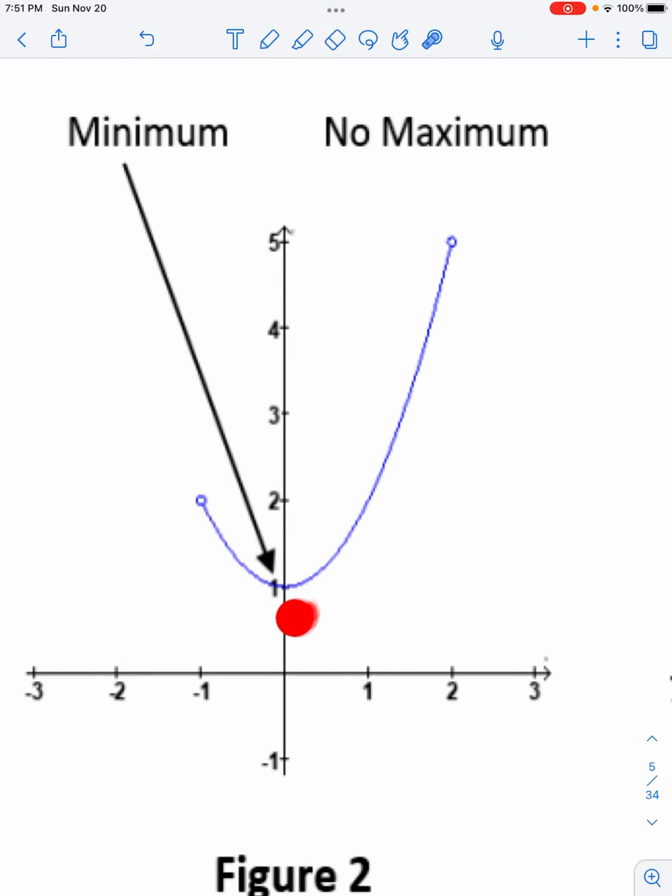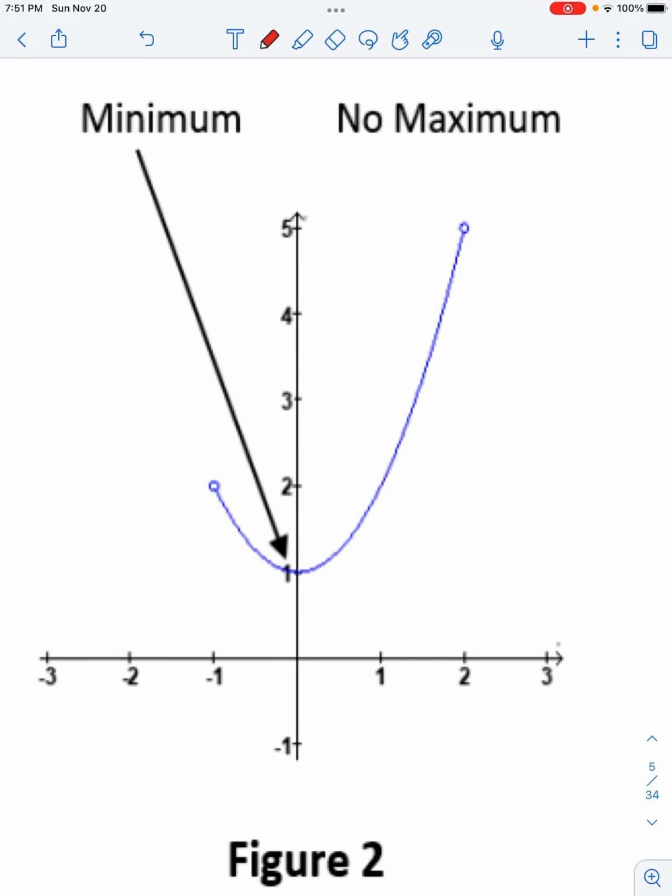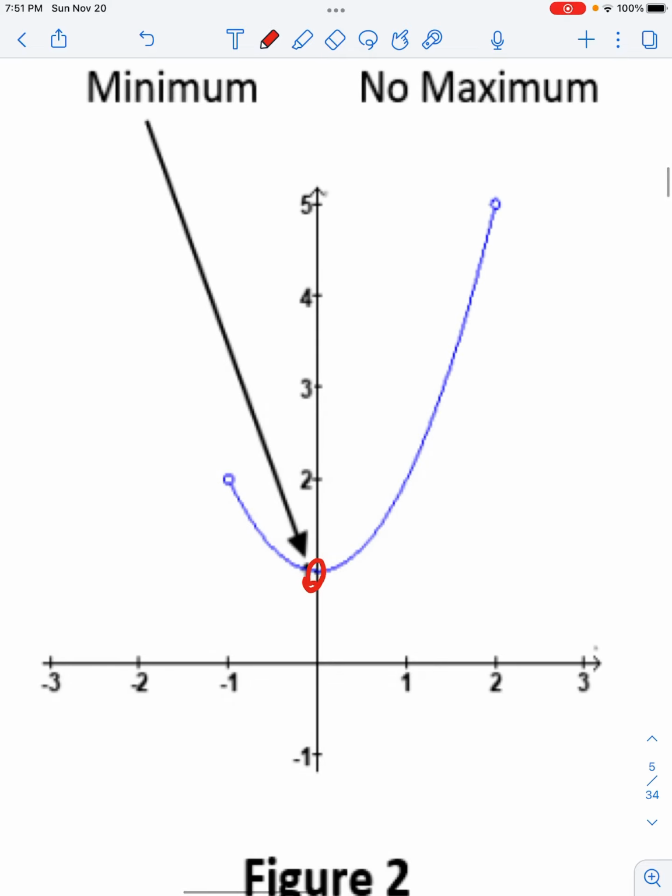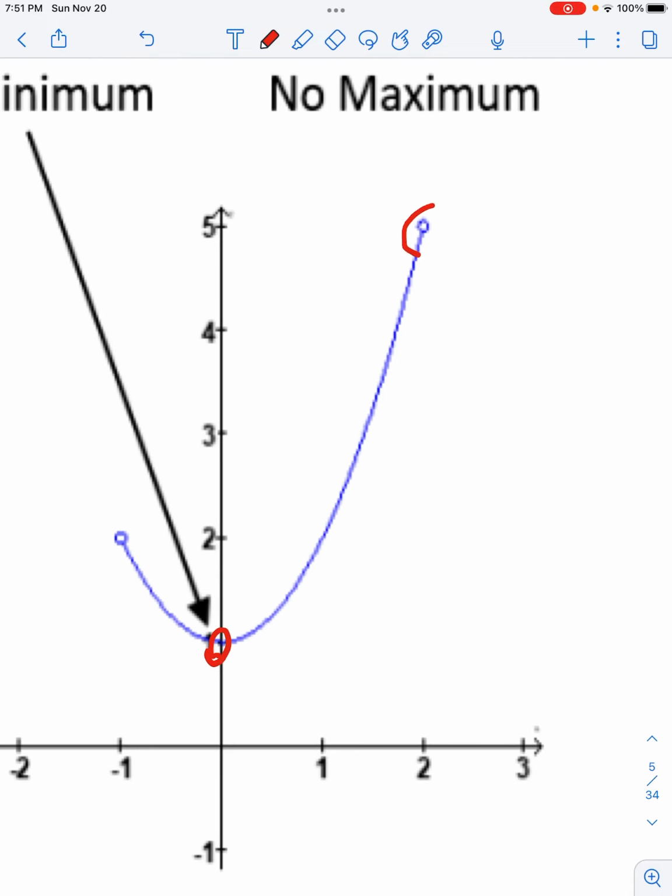Okay, here, this is a good one. This function has a minimum here. This is a local minimum and an absolute minimum. It's a local minimum because it's a trough, and it's an absolute minimum because there are no values here that are lower. There's no maximum here, right? Because here's where the maximum would be, if there were one.